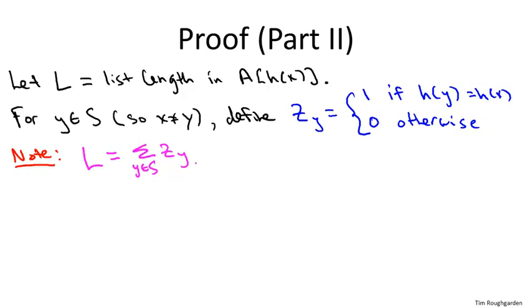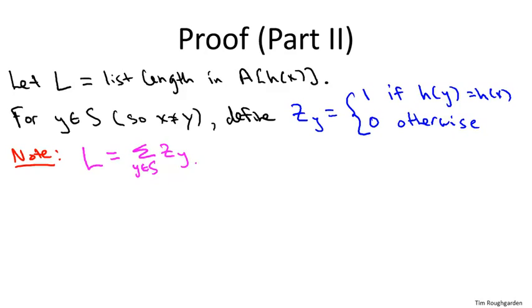If you choose some hash function that maps this IP address x to, say, bucket number 17, capital L is just counting how many other objects in the hash table wound up getting mapped to bucket number 17. So maybe 10 different objects got mapped to bucket number 17. Those are exactly the 10 different values of y that will have their Z_y equal to 1. So L is just counting the number of objects in the data set S that collide with x.